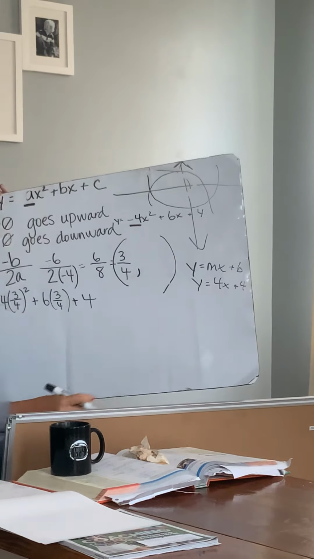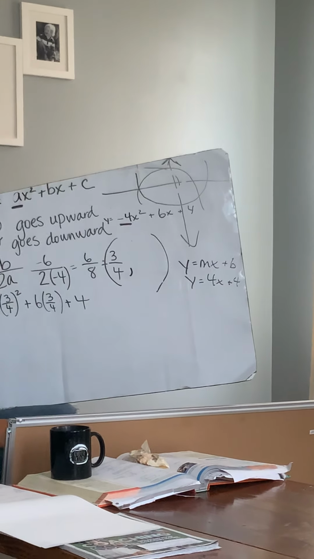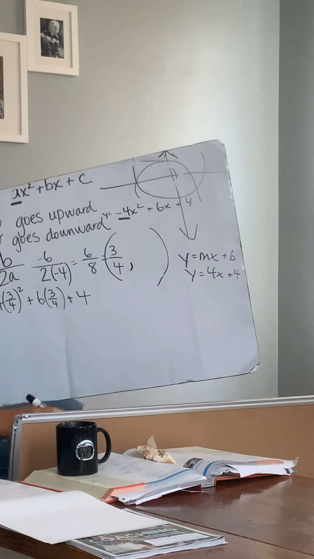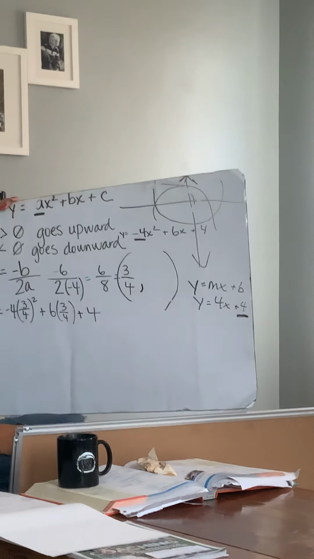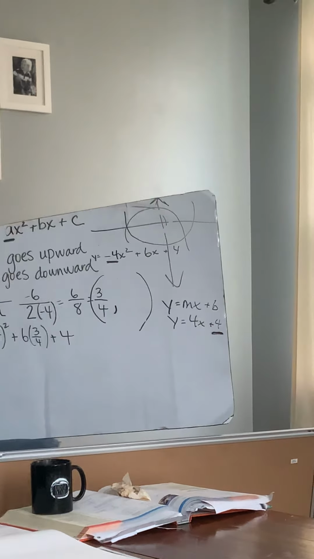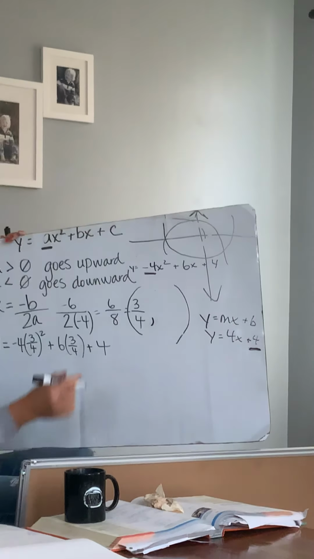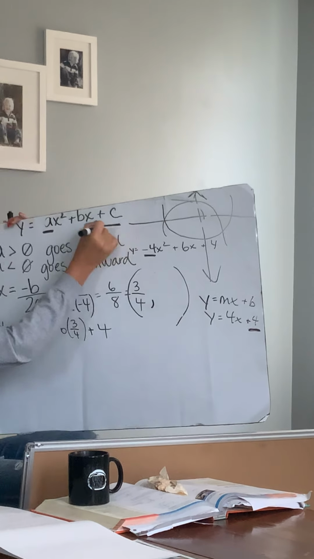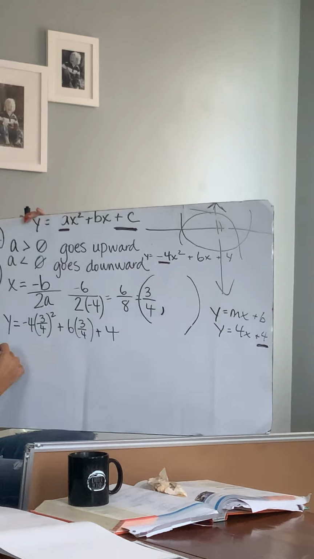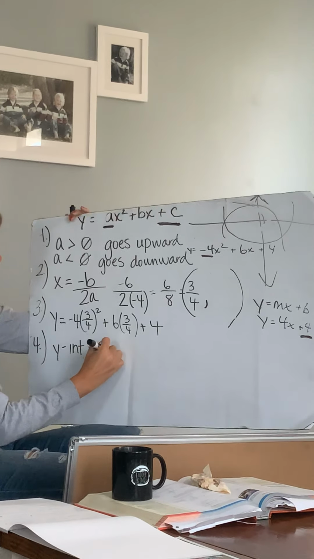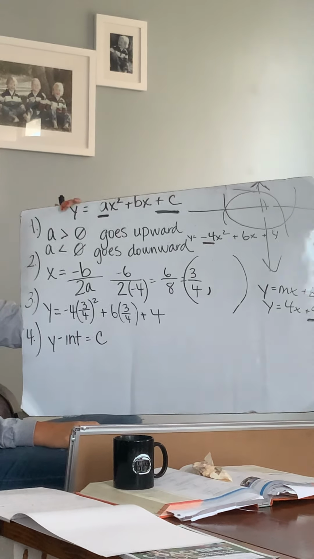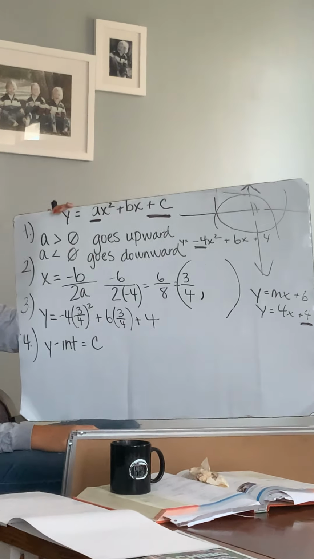Remember doing those, guys? What's the first thing we graph? Our y-intercept. How do you find the y-intercept? It's over there. So what do you think my y-intercept is in a quadratic function? You got it, C. Okay? Y-intercept equals C. Same thing. But we don't graph it first in these, okay?